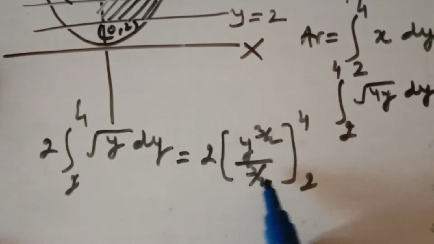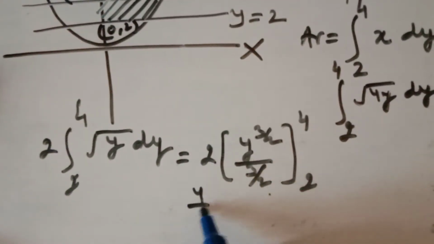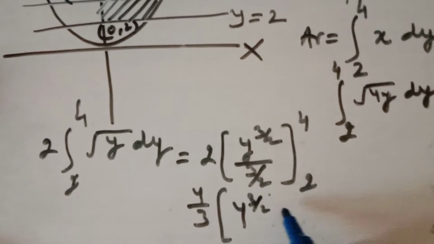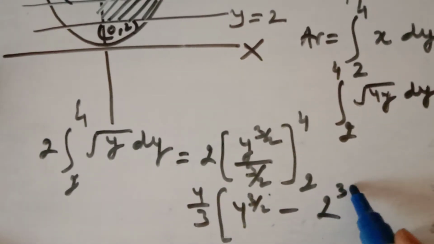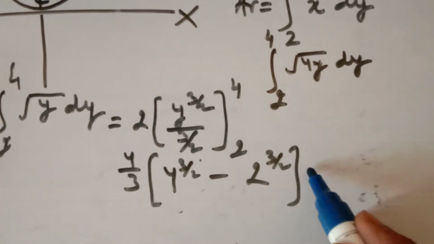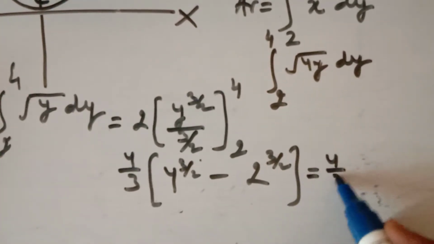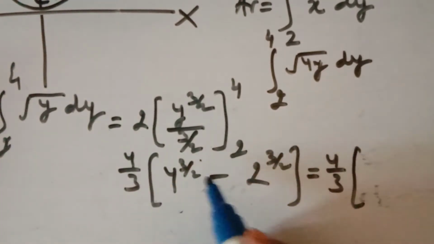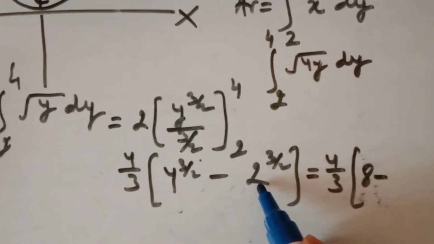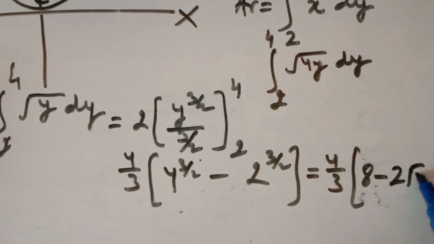Simplify it, it will be 4 upon 3 times the upper limit, 4 raised to power 3 by 2, minus 2 raised to power 3 by 2, that is upper limit minus lower limit. You know how to find it. It will be 4 upon 3, 4 raised to power 3 by 2 will be equal to 8, minus 2 root 2.